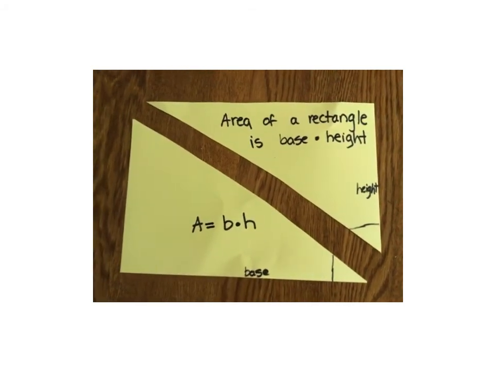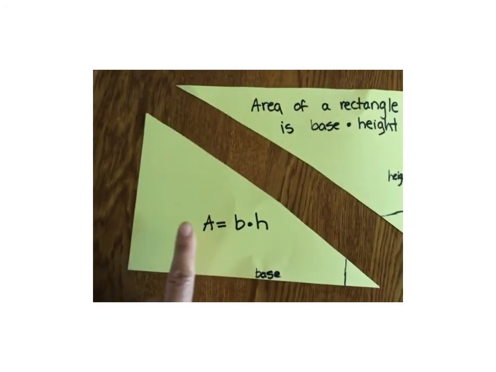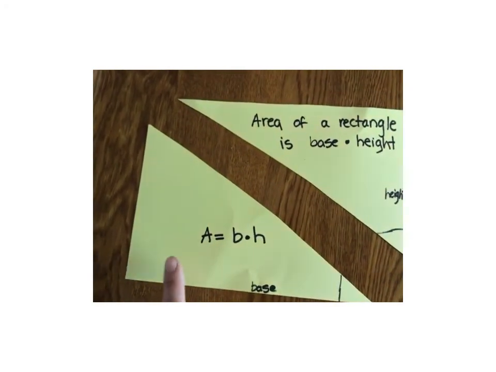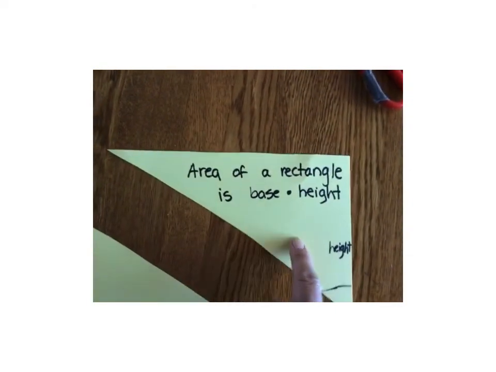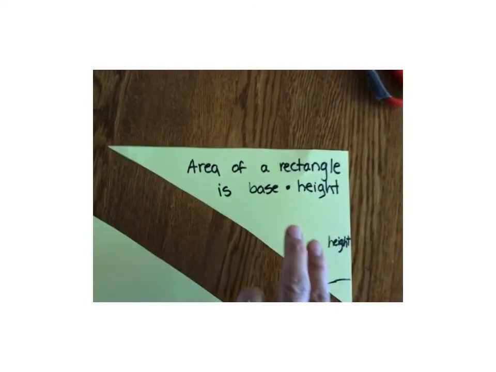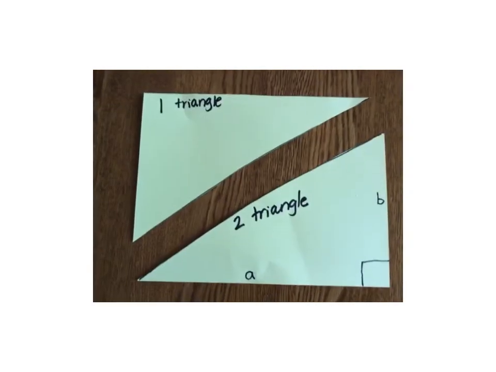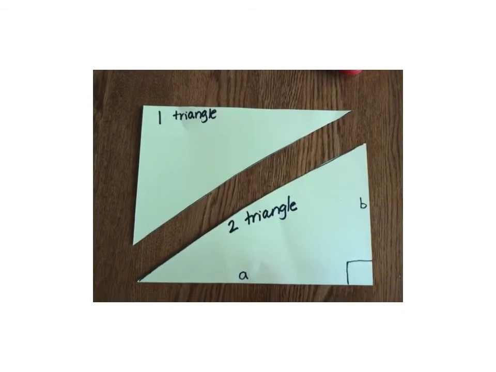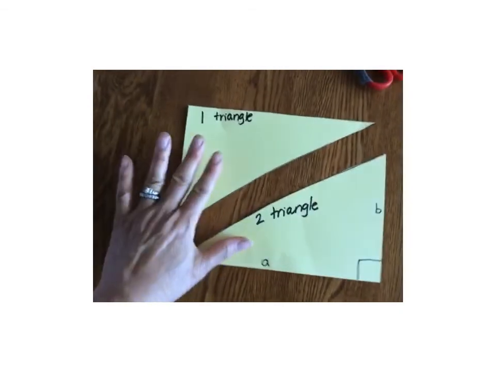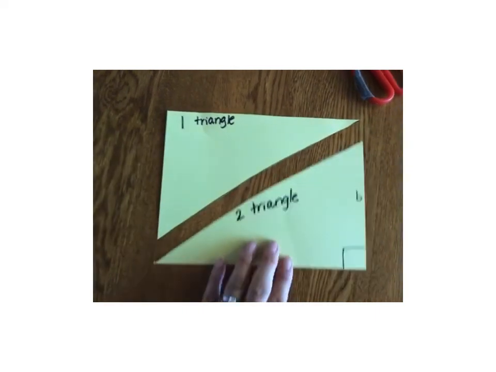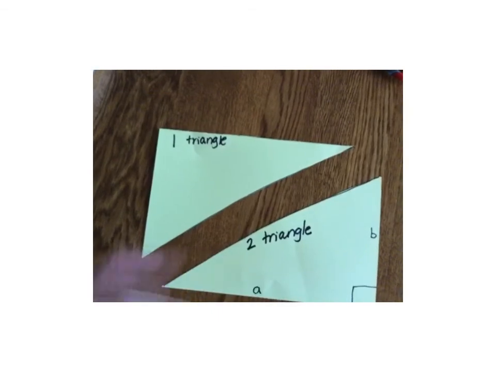So what would be the formula to find the area of just one triangle and then the area of the other triangle? Here's a picture of two triangles. Remember how they were rectangles and we took them apart, right? They were two and then we split them up and now we have two.